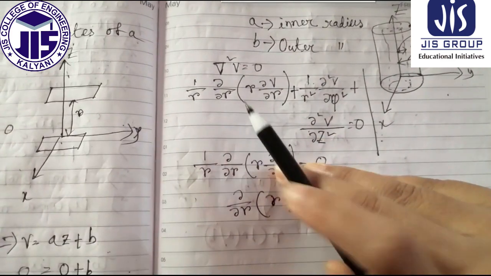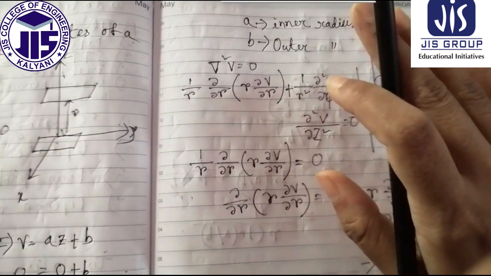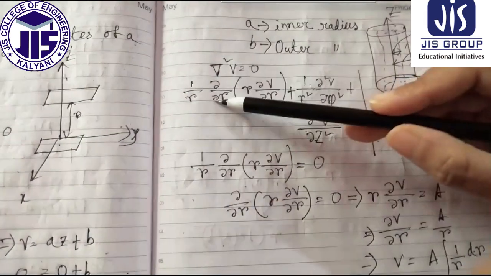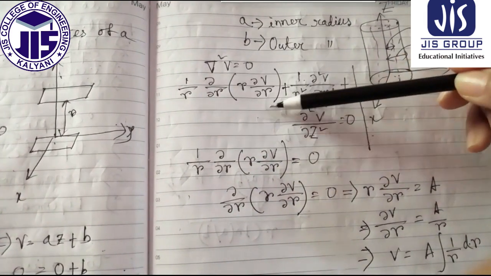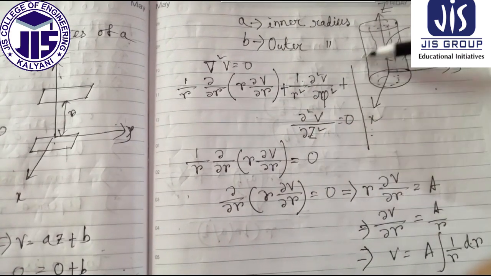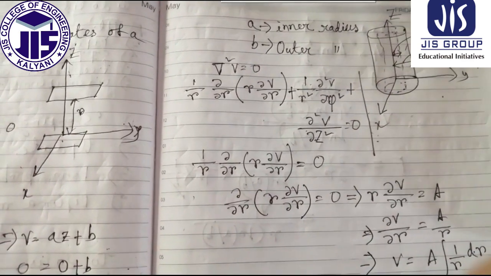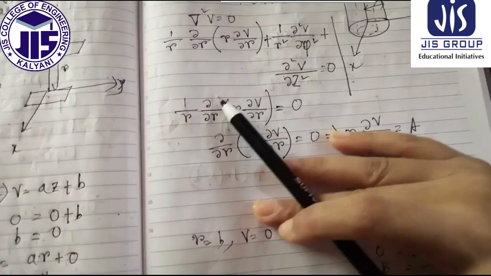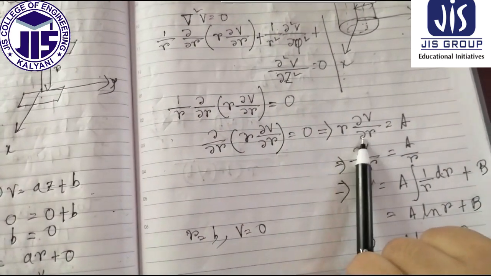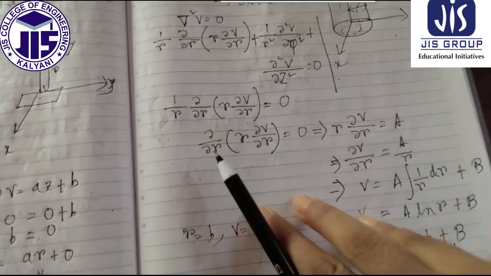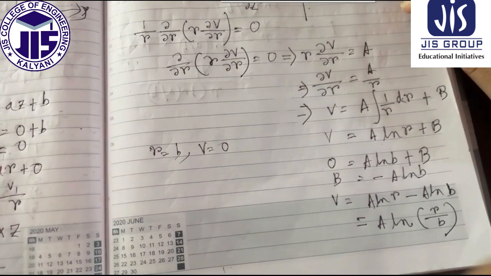Now, as we know, for the cylindrical coordinate, Nabla square V equal to 0. So 1 by r del r of r del V by del r plus 1 by r square del square V by del phi square plus del square V by del z square is equal to 0. By the whole integration, we get del V by del r equal to a by r, and V equal to a into integral of 1 by r dr plus b.